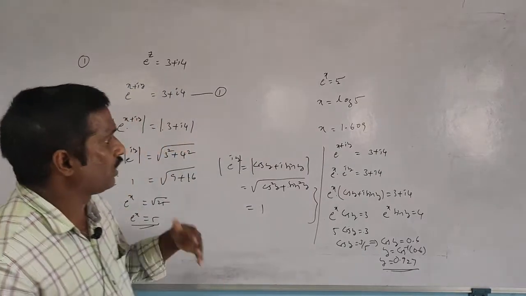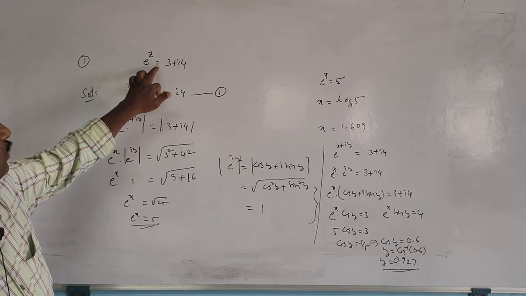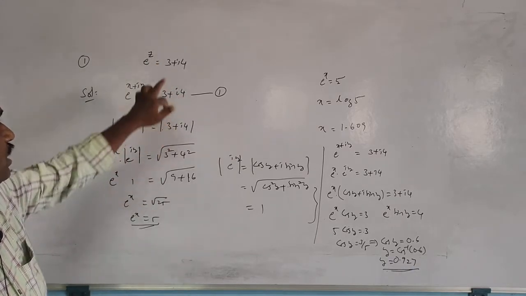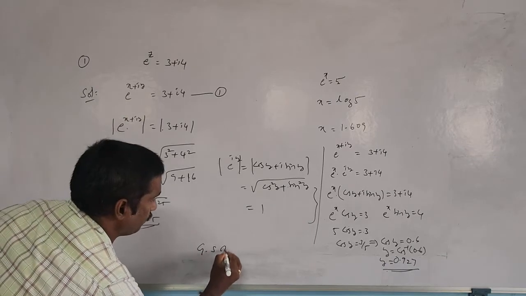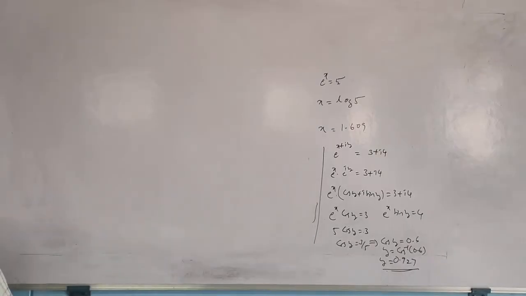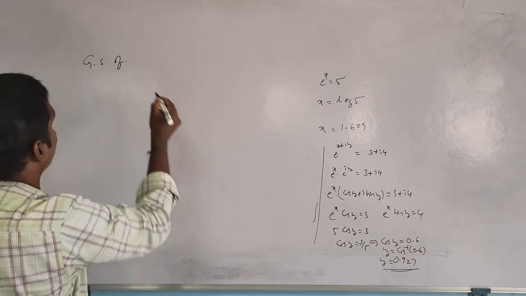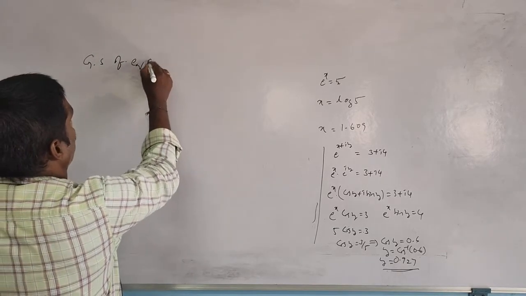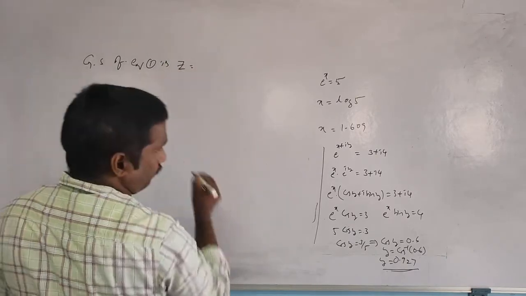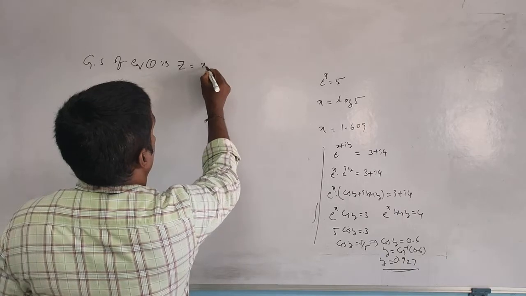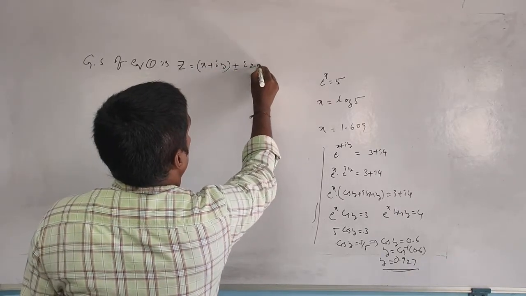These values are substituted in the general solution of e^z equals 3 plus 4i. The general solution of equation 1 is z equals x plus iy plus or minus i into 2n pi.